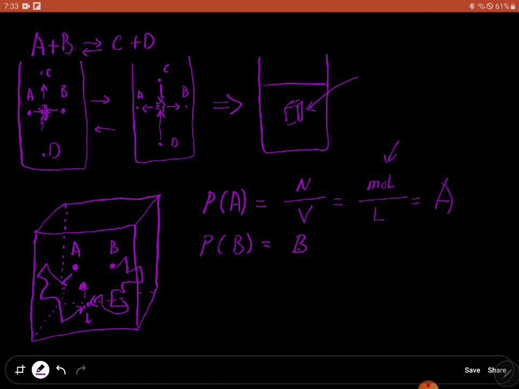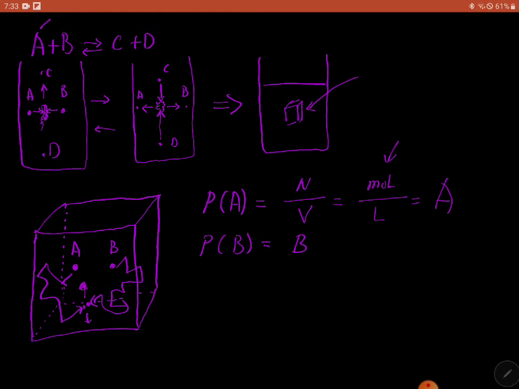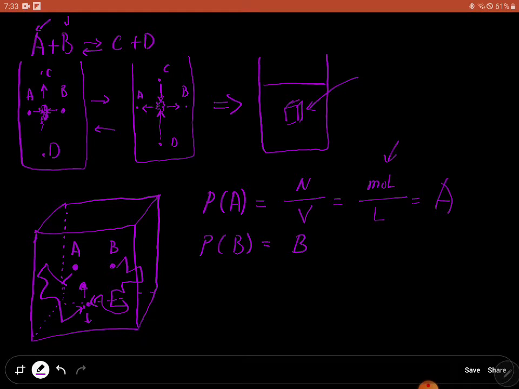So now these two terms directly represent the concentration of elements A and B, how many elements are in that space.